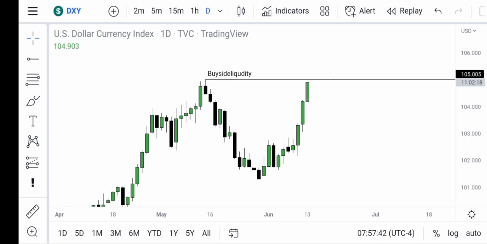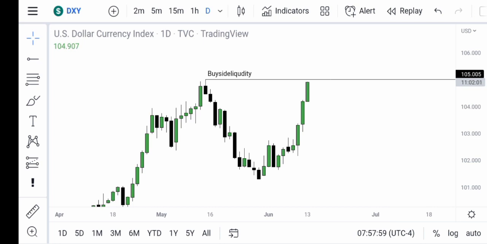Reminder, in the elements I taught first before we start the reviews, liquidity is found at swing highs, swing lows, short-term highs, short-term lows, relatively equal highs, and relatively equal lows.